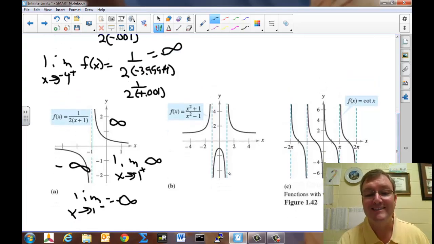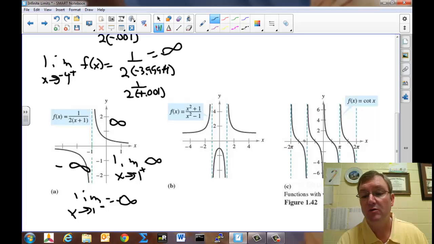So if you look at this next graph, the limit at -1, we're approaching infinity on the left side. We're approaching negative infinity on the right side. The limit does not exist. At 1, the limit is negative infinity on the left side. It's positive infinity on the right side. But the overall limit does not exist because it's approaching different values on the left and the right.